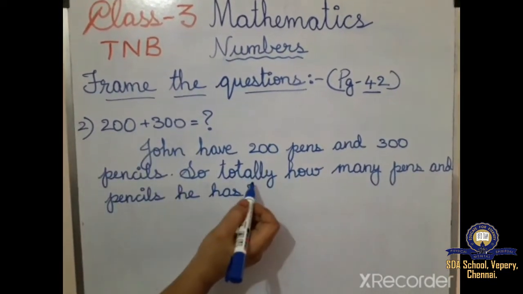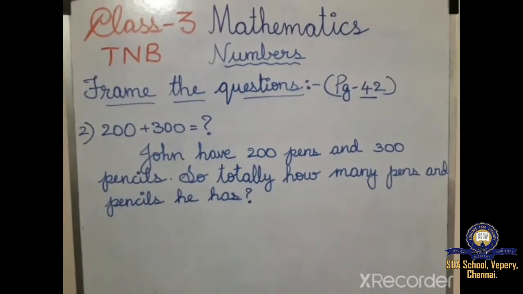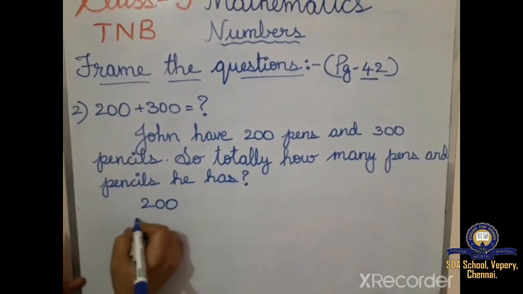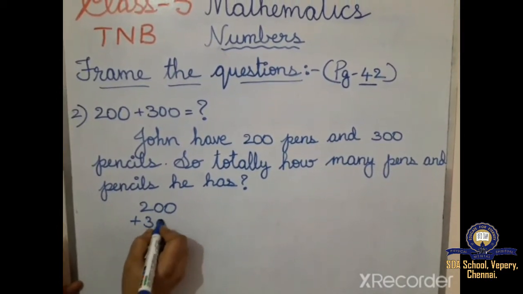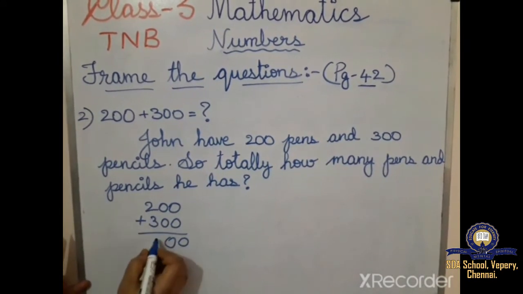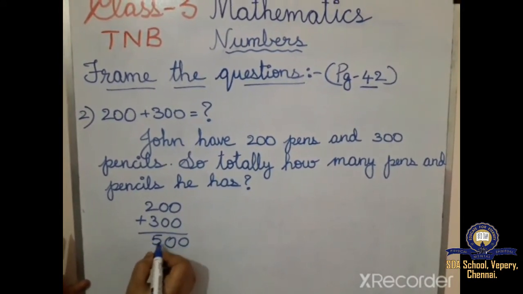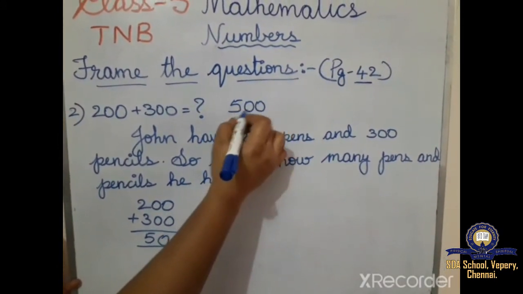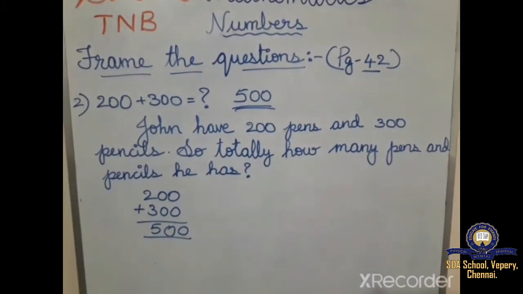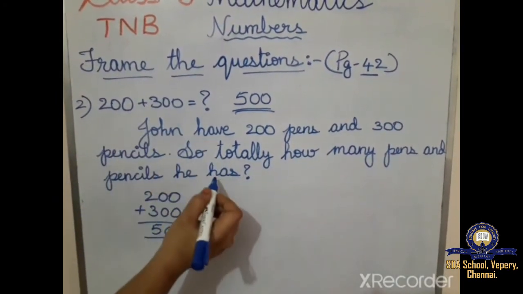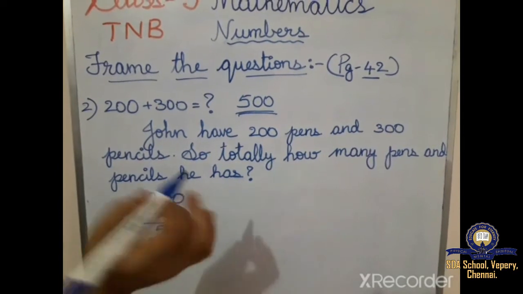Because it is plus, we have to add. 200 plus 300: 0, 0, 3 plus 2 is 5. So he has 500 pens and pencils with him. The question they ask will be like this, and we have to frame a question again and then answer.